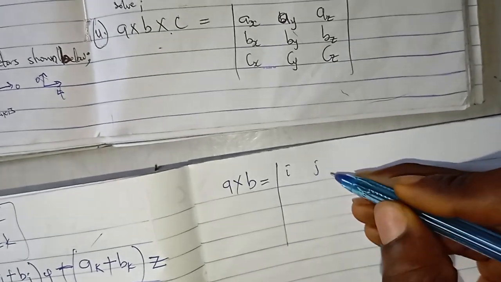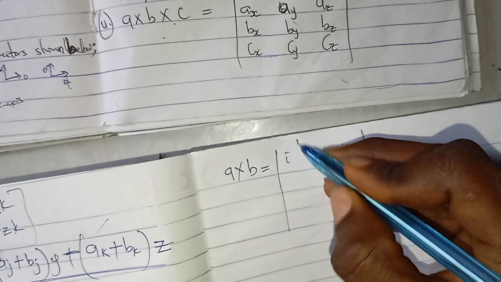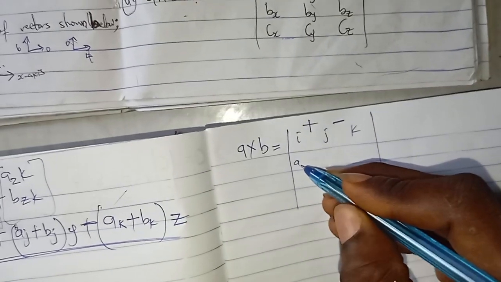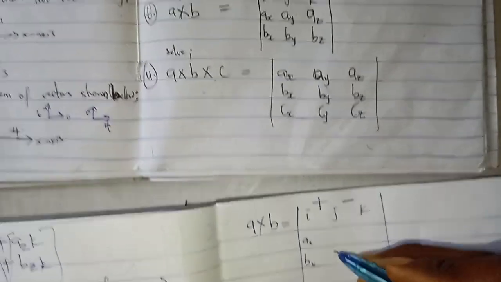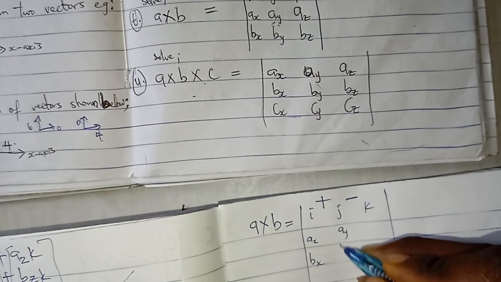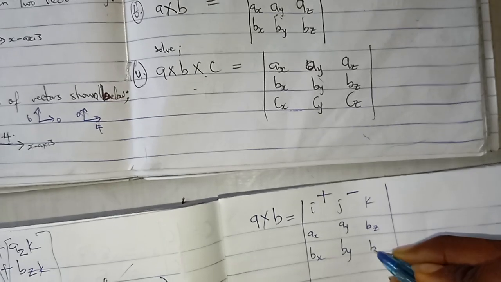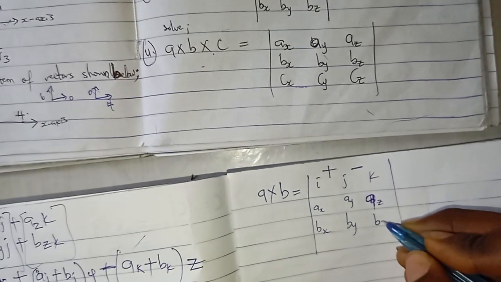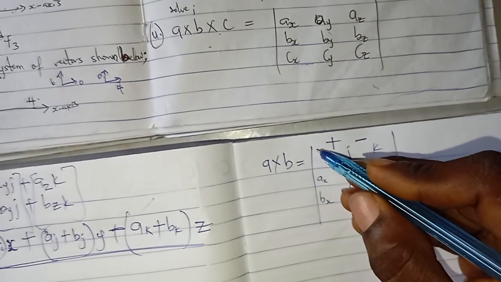I J K. Once I write this, I normally put plus, then minus here. Now, I have AX, I have BX. Remember the one we are solving is this one. Then I have AY, BY, AZ, and BZ.